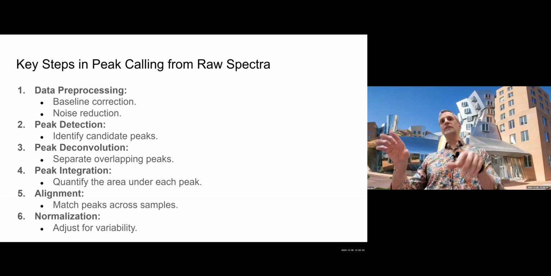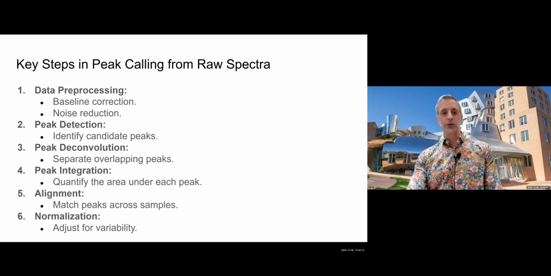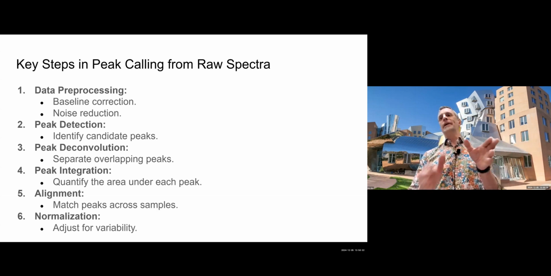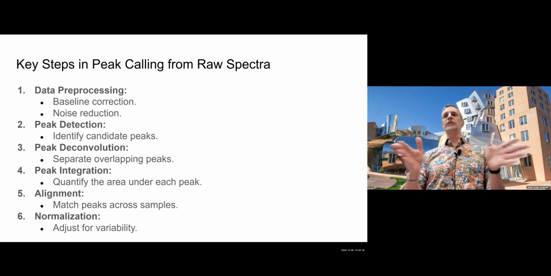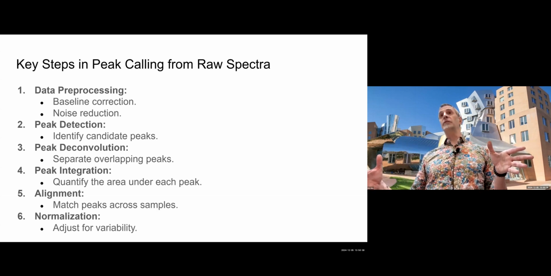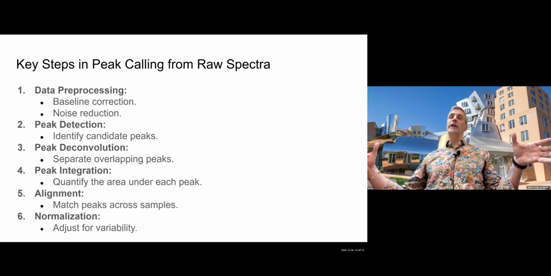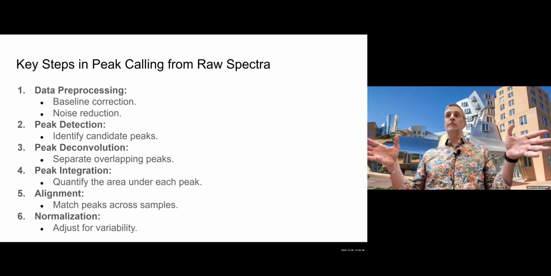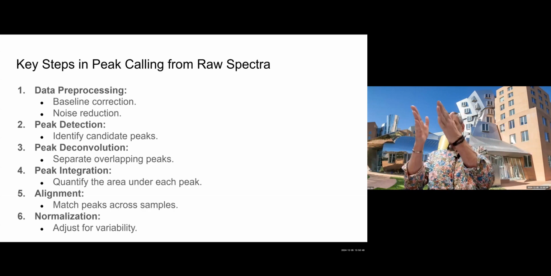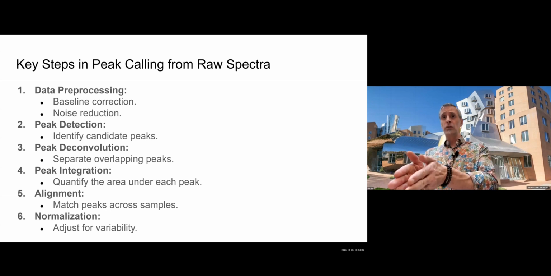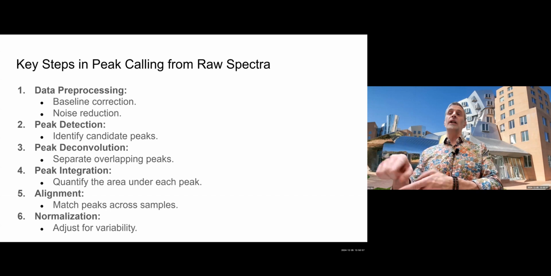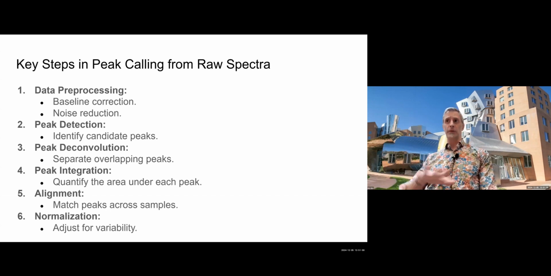And figure out how much of the intensity is due to molecule 1 versus molecule 2. And then we want to integrate, because we don't really care necessarily how long it takes one particular molecule to get through the chromatography column. So if it gets really spread out and the intensity is low, that's going to mean it's the same amount as if it was in a narrow band coming through the chromatography column, but the intensity was high. So we want to be able to identify the peaks and integrate under them.